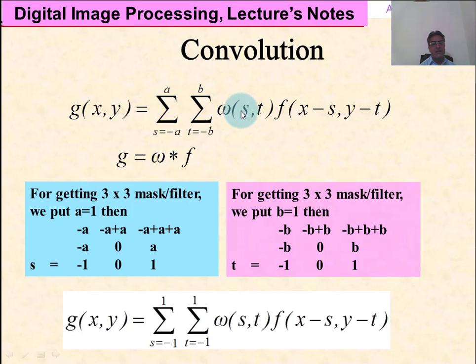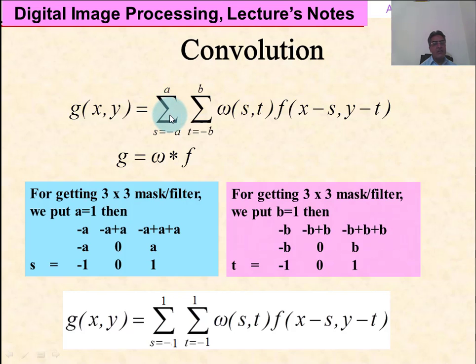This is actually the mask or the filter cells, and these f of x minus s comma y minus t are the input image pixels. If it is a 3x3 kernel or 3x3 filter, then 9 values of the mask will multiply with the 9 values of the input image.